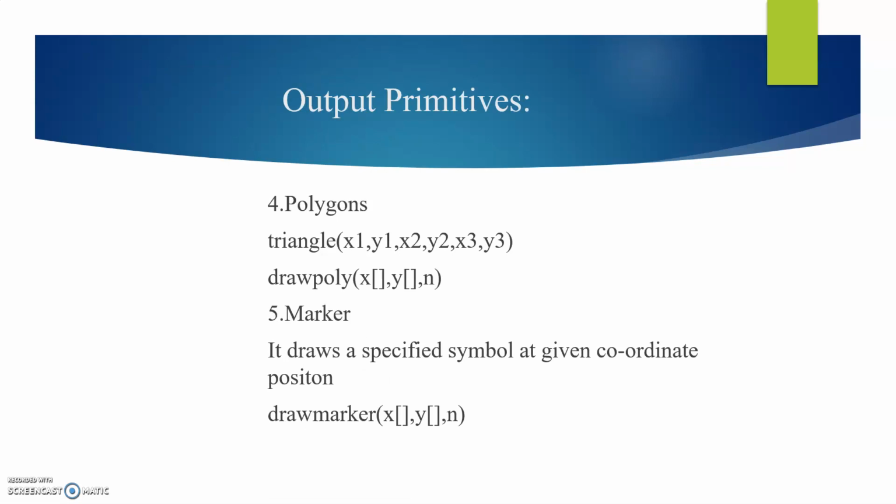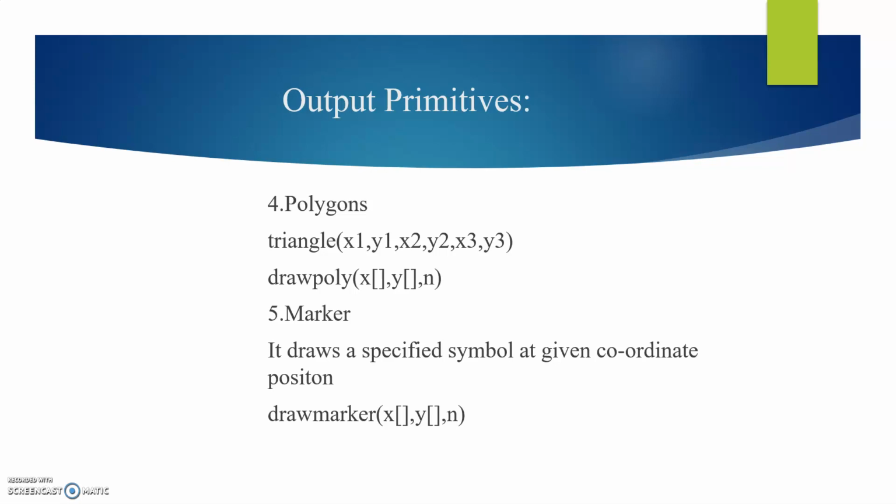Then next output primitive is a polygon. A set of line segments joined end to end. Some graphic devices support polygon drawing approach where directly basic polygon shapes are drawn. So here one polygon is shaped as one unit.